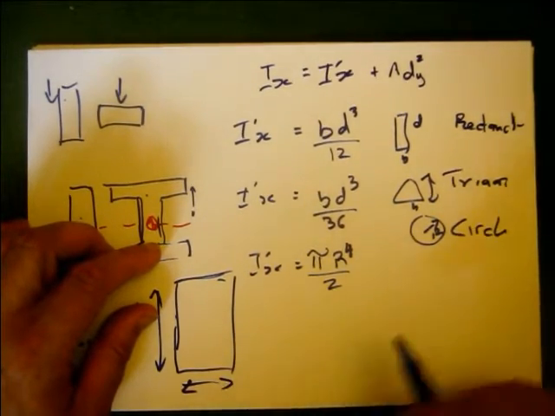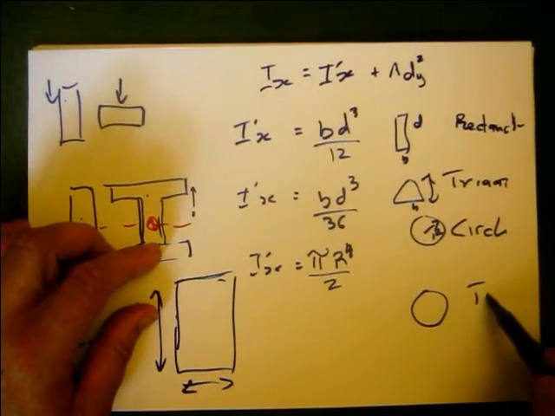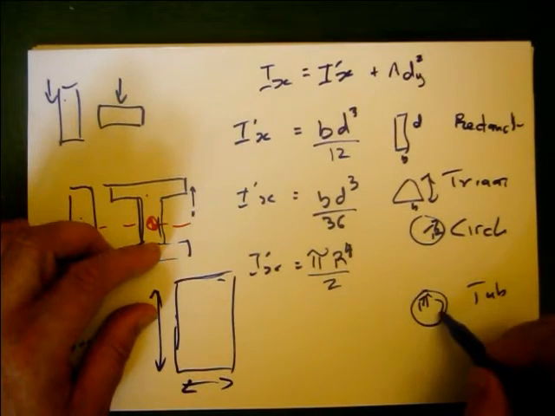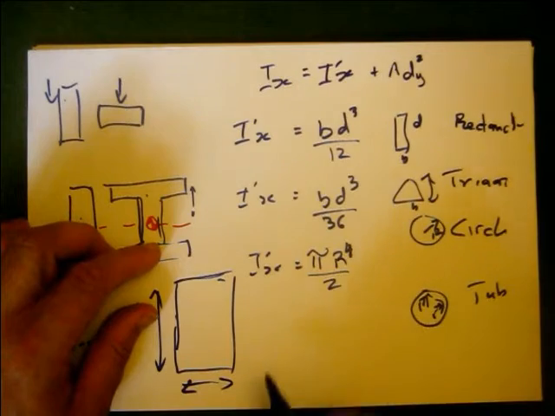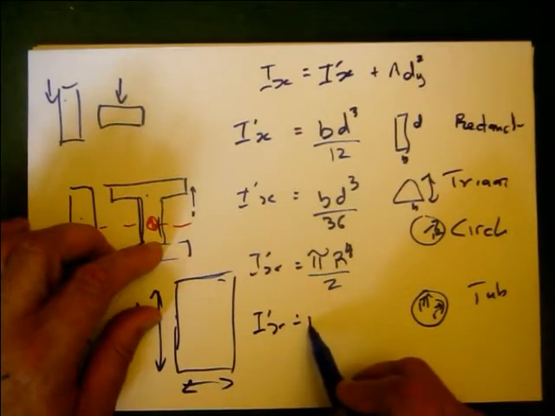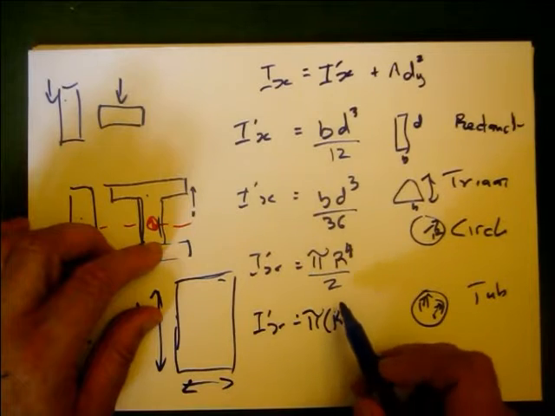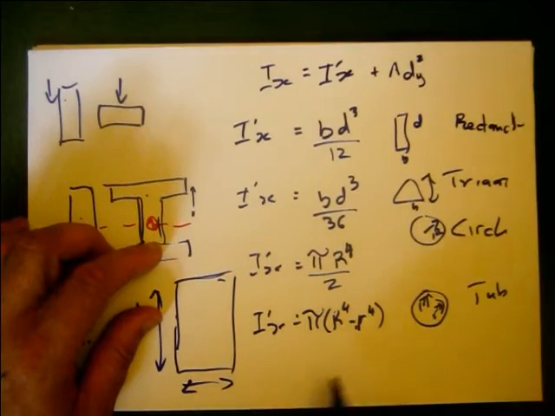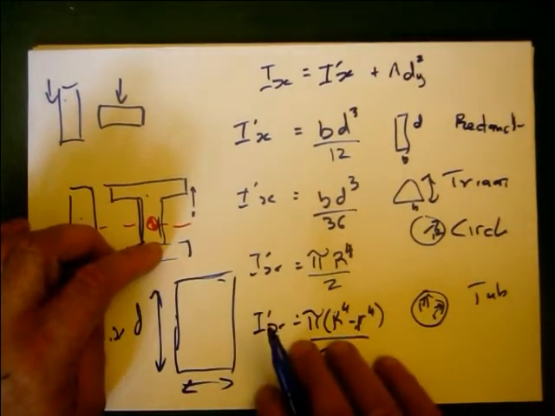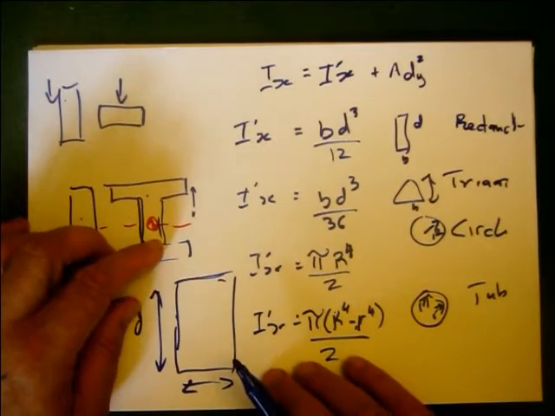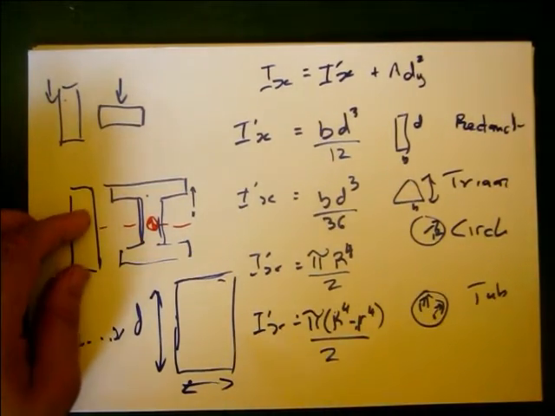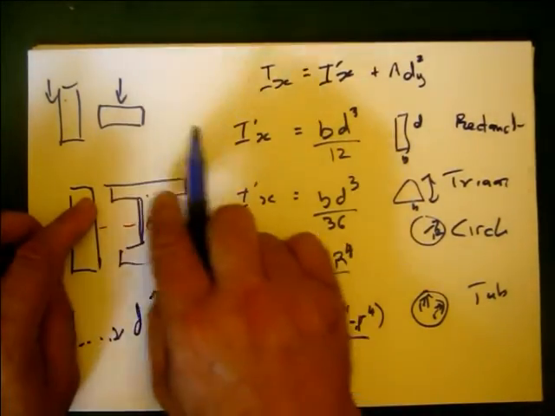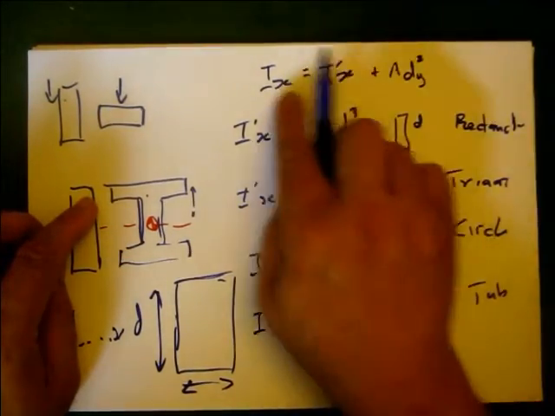And if we were doing a tube, capital R is the outside wall and little r is the inside wall, and I prime equals pi times the outside radius to the 4th minus the inside radius to the 4th, over 2. You can look it up for pretty much any basic shape. If you're going to do more complicated shapes, like an I-beam, we'll break it up into simpler bite-sized chunks, work out each bit, and add it up.